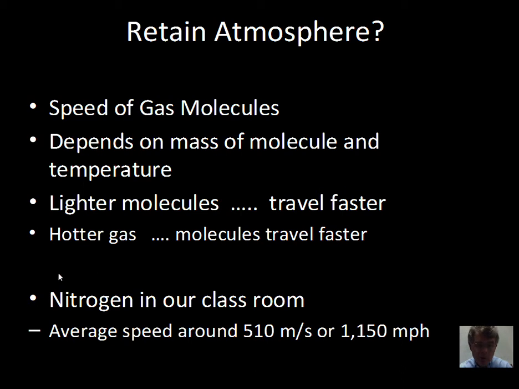It's worth noting in the Earth's atmosphere, at room temperature, if we calculate nitrogen, the average speed of a nitrogen molecule is a little over 1,000 miles an hour. What would you like to have hit your face at 1,000 miles an hour?